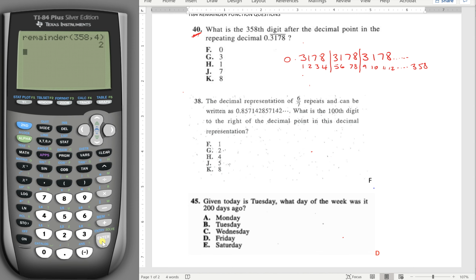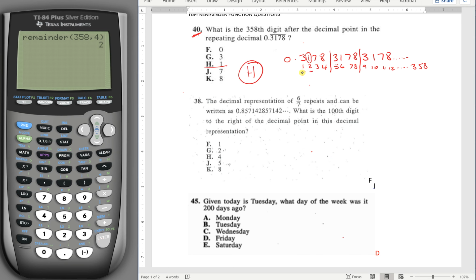All we have to do now is find which number is the second in the sequence. So 3 is 1, right? And then the second digit is 1. And that is answer H, and that is the correct answer.